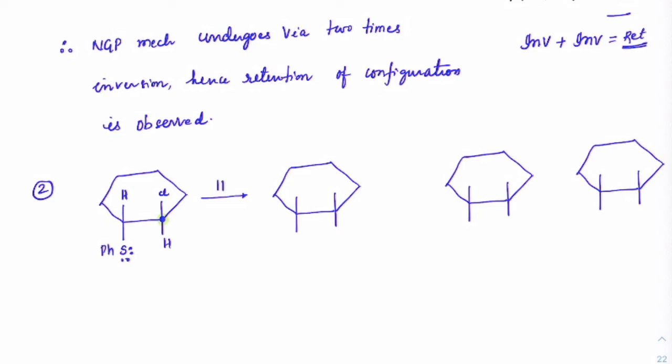Now when you treat that with H2O, first the chlorine will leave and the lone pair will attack here. As it attacks, we get this kind of an intermediate, PhS, making this three-membered cyclic bond.